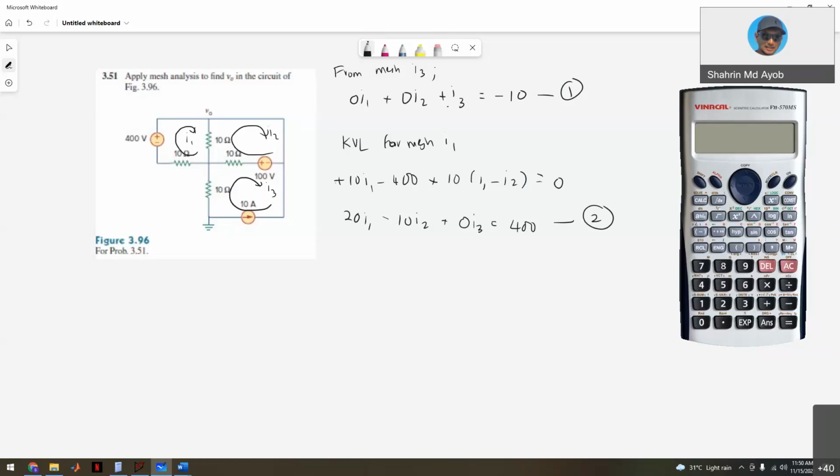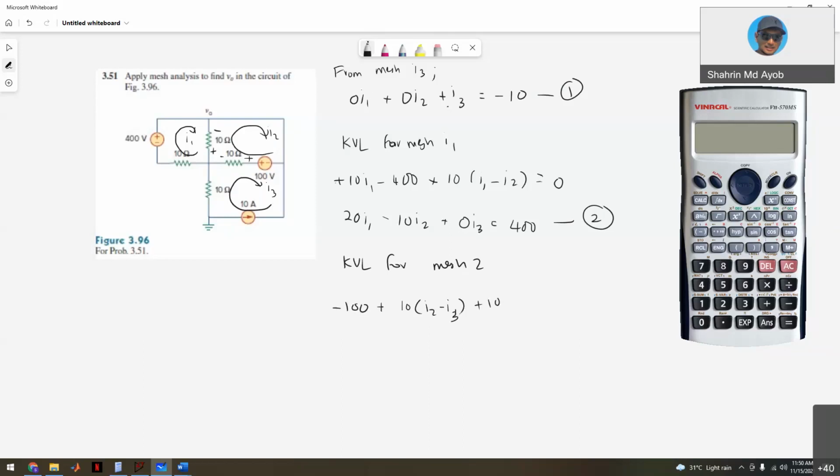Okay, so right now we have two equations. So KVL for mesh 2. Okay, so this one is negative 100 plus the polarity like this. So 10 I2 minus I1, I2 minus I3, and then polarity also like this.